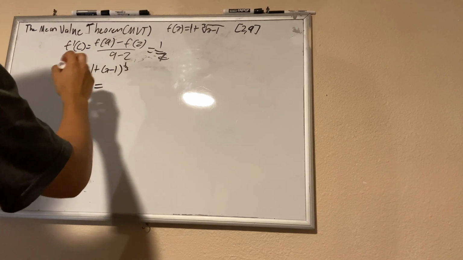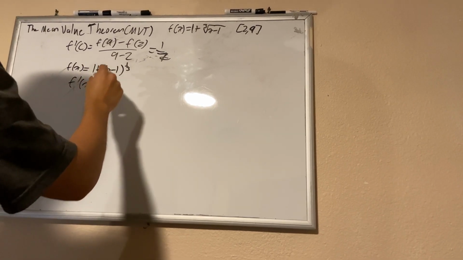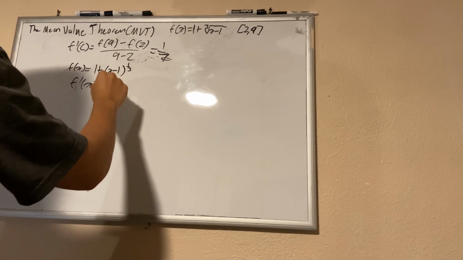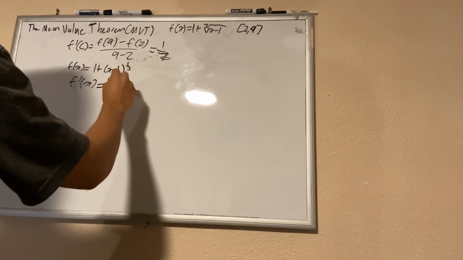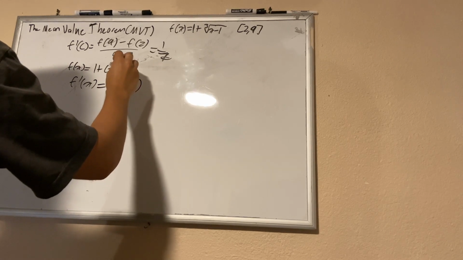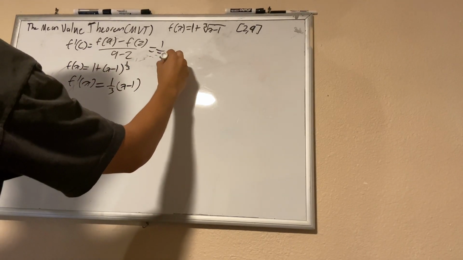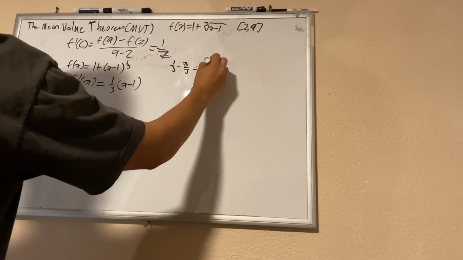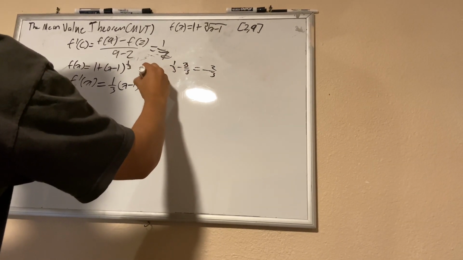So derivative of 1 is 0, so I won't write that. And for the derivative of this one, you bring the 1/3 down, and the exponent x minus 1, and you subtract 1. So this would be 1 over 3 minus technically 3 over 3, which is equal to negative 2 over 3. So you get negative 2 over 3.